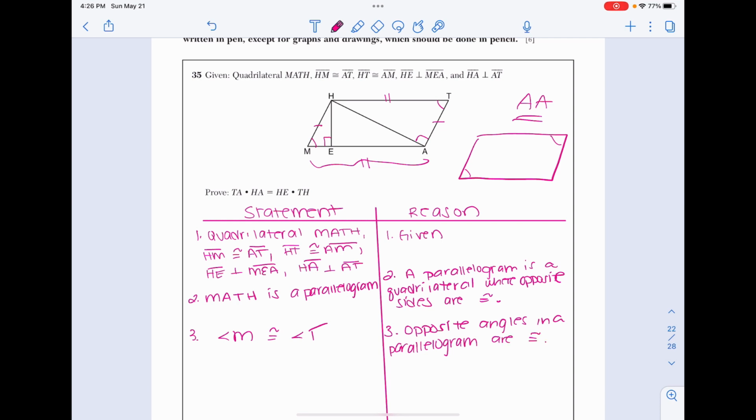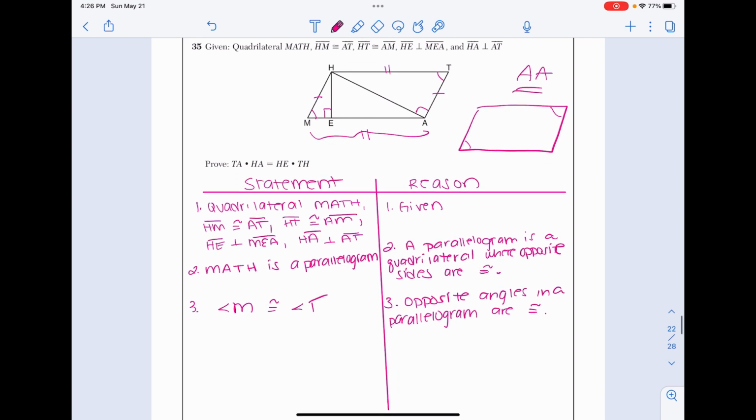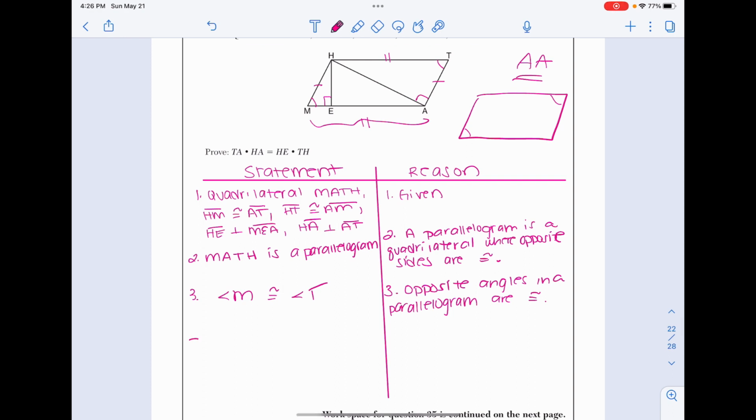Okay, then I mentioned before that we have perpendicular lines here, and we need to talk about those right angles. I'm going to pick the ones that are in the triangles. So I'm going to say angle HEM and angle HAT are right angles.